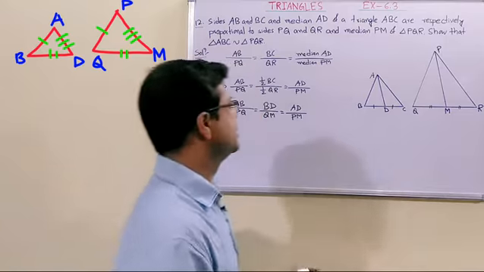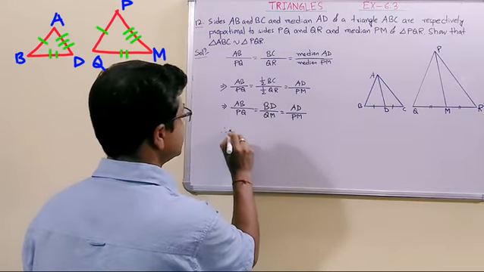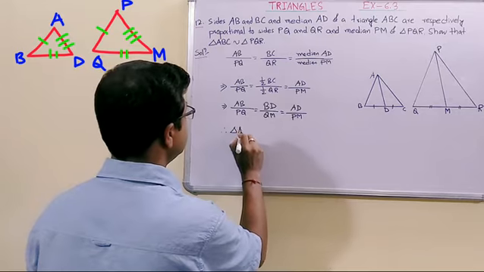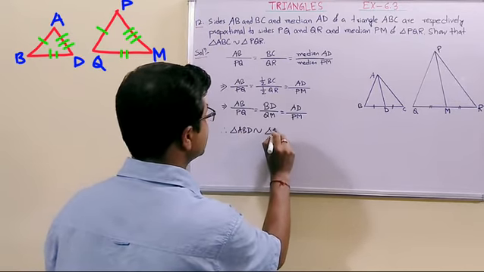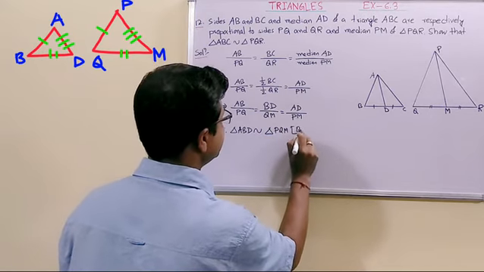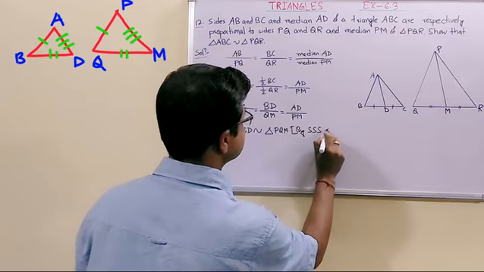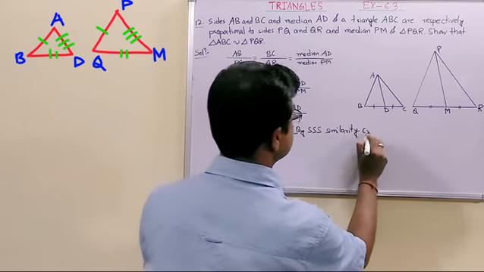Alright students? So therefore, triangle ABD is similar to triangle PQM by SSS similarity criteria.